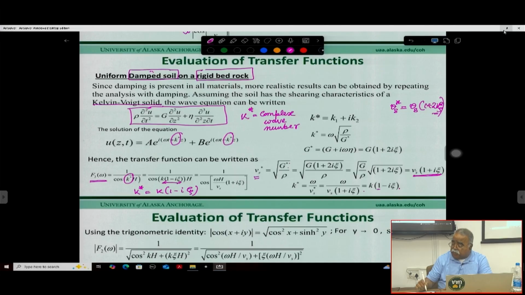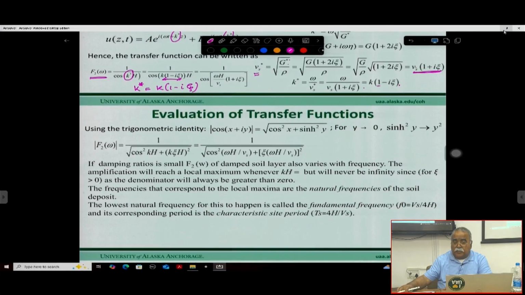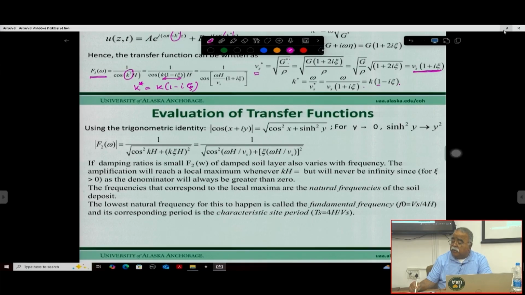If you calculate the amplitude of this F1W, since it is a complex number, it is cos square of kh plus k xi into h, the whole square. Because we know the cos of x plus iy equals cos square x plus sine hyperbolic square y, right?